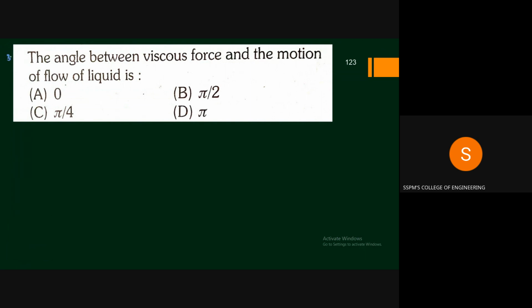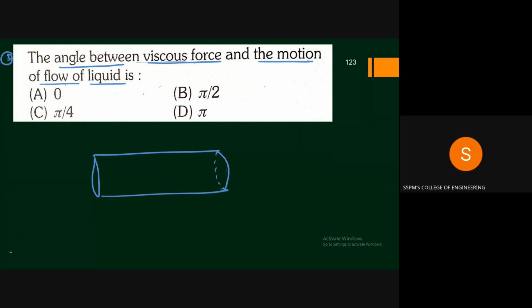Refer to the third question. The angle between the viscous force and the motion of the flow of liquid. If you consider this is the pipe and there is a liquid that flows through the pipe, this is the liquid flowing in this direction.